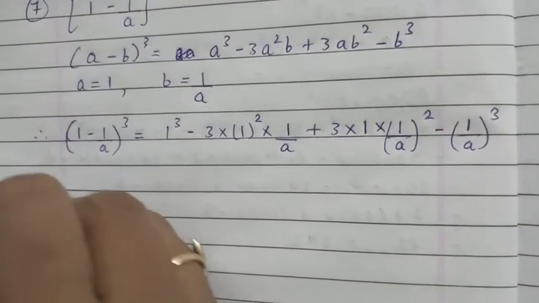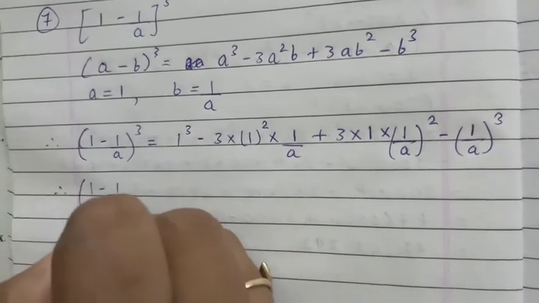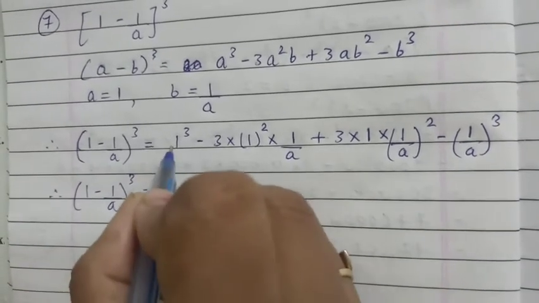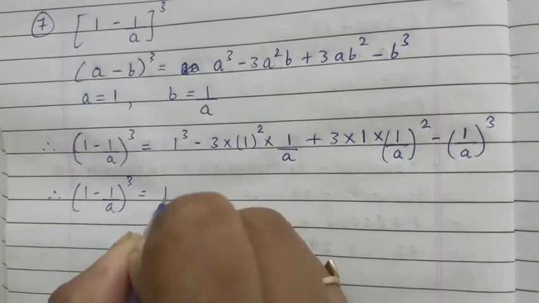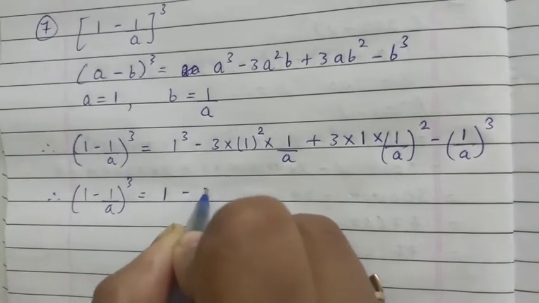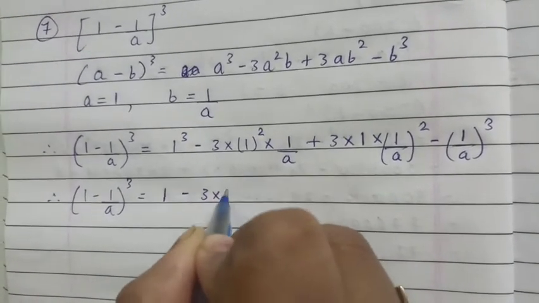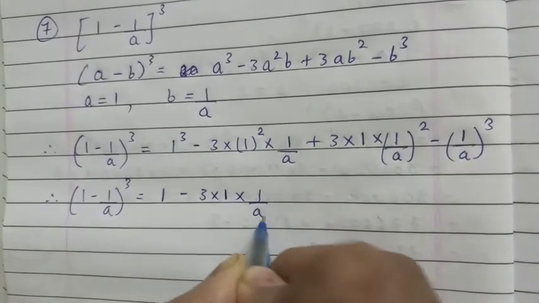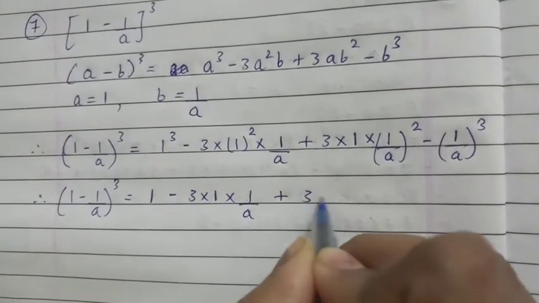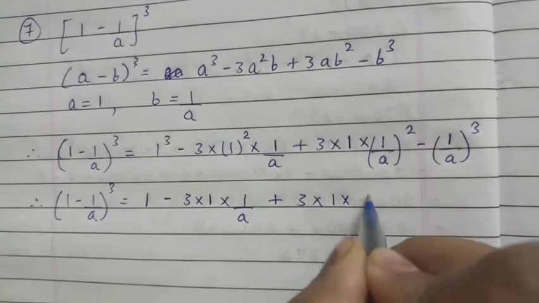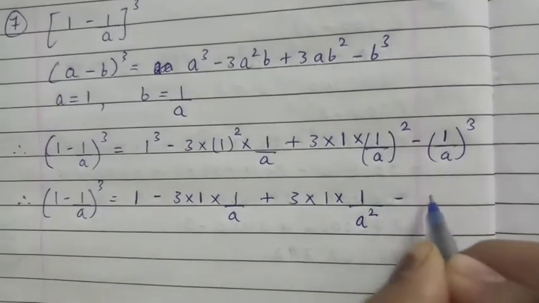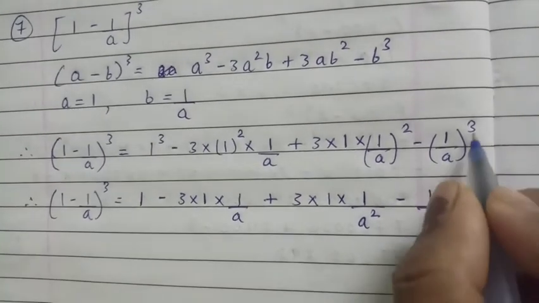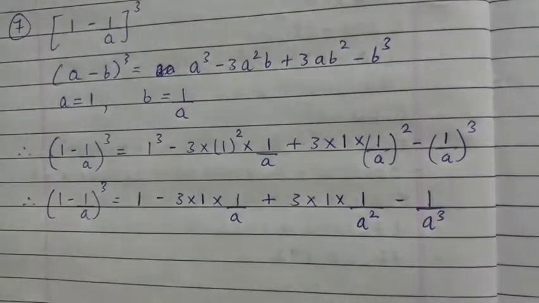Now simplify it. 1's cube is 1 only. 1 into 1 into 1, 1 only. So 1 minus 3 into 1 square is 1 into 1 upon a plus 3 into 1 into 1 square is 1 and a square is a square minus 1 square is 1. A's cube is a cube.